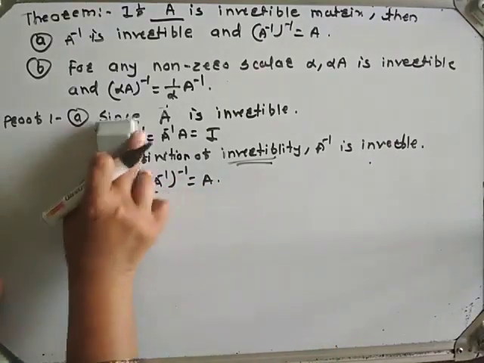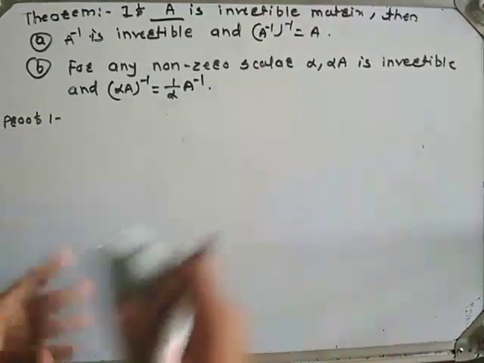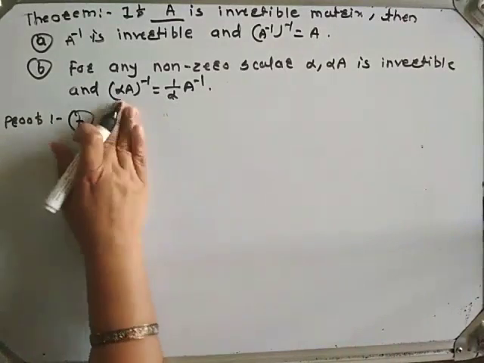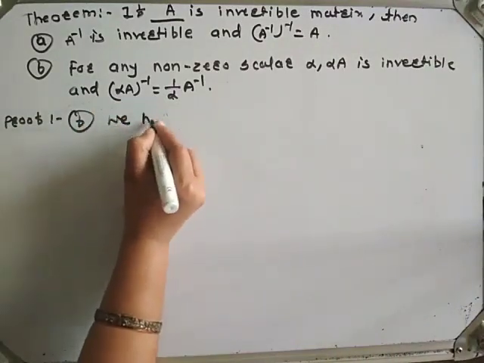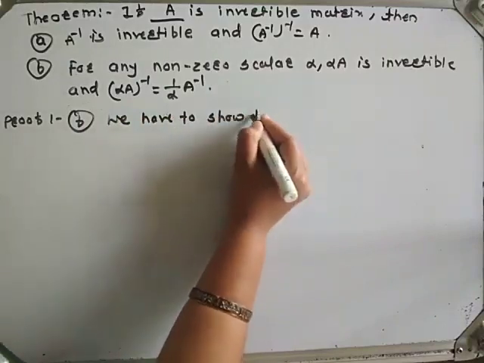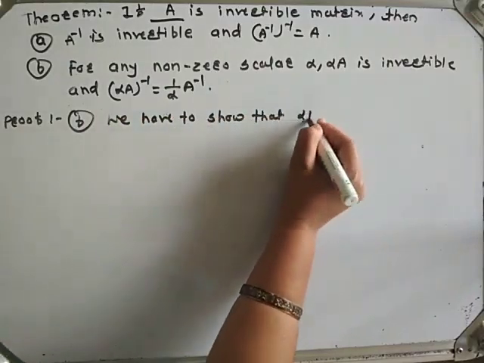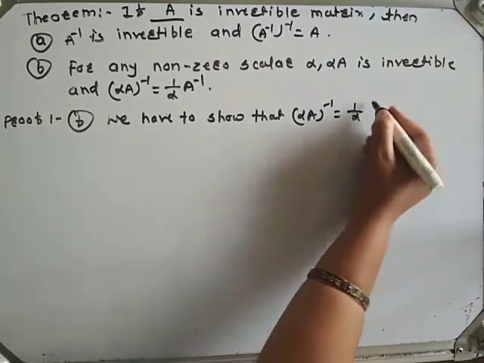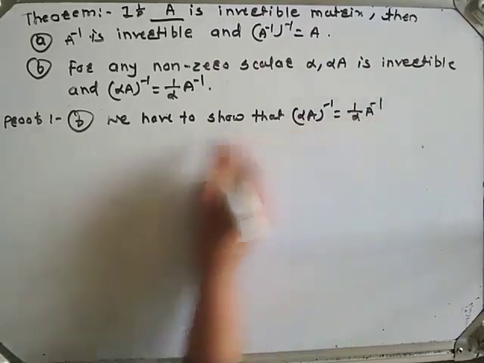Now we will prove part B. We have to show that inverse of alpha into A is equal to 1 upon alpha into A inverse.